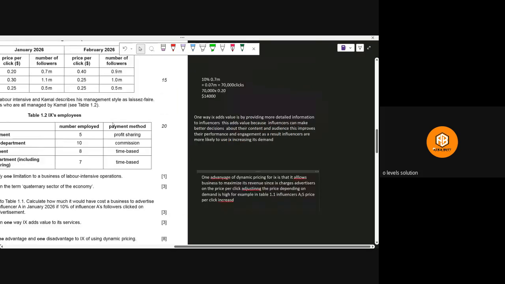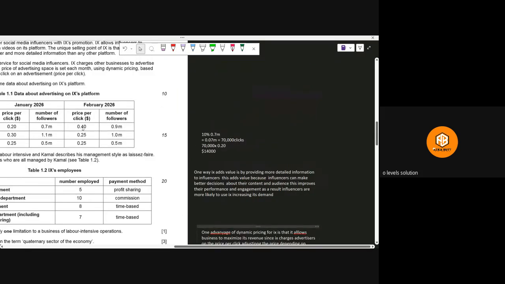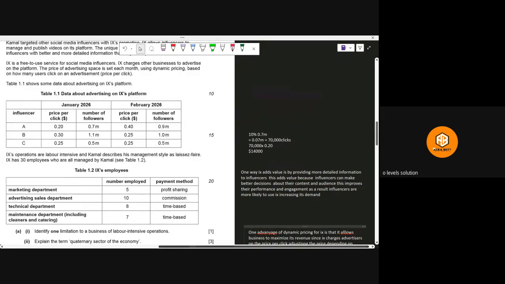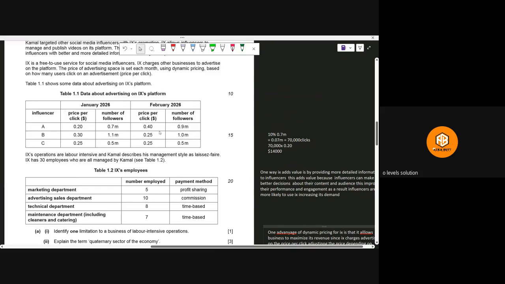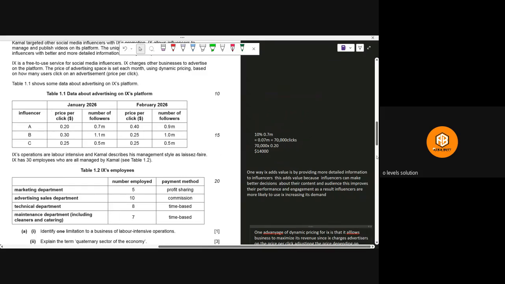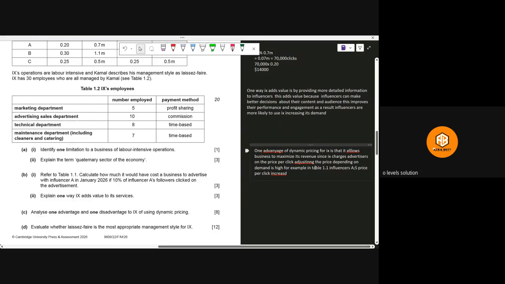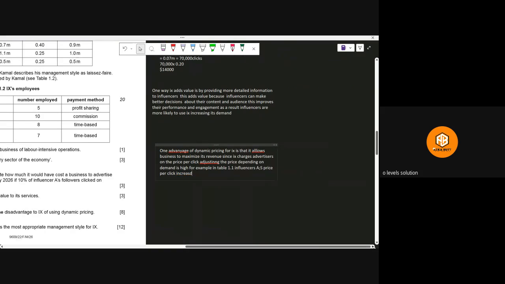If you just see here, that was 0.2 first of all, and now it is 0.4.